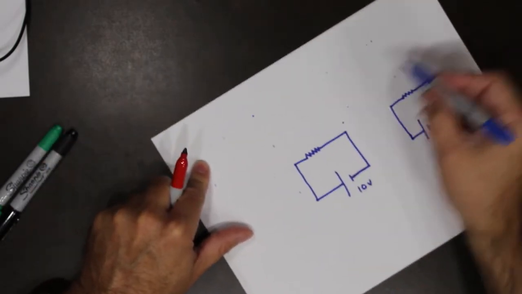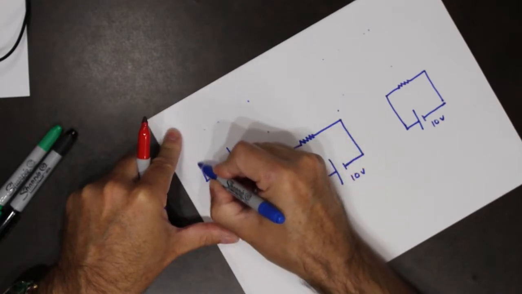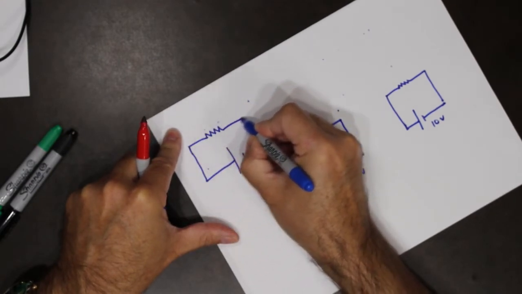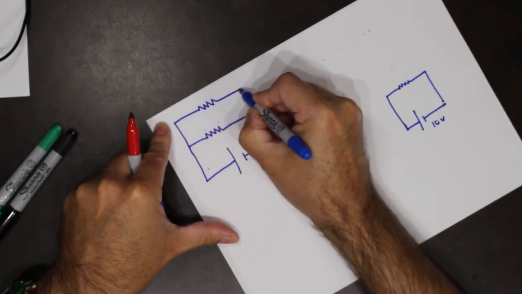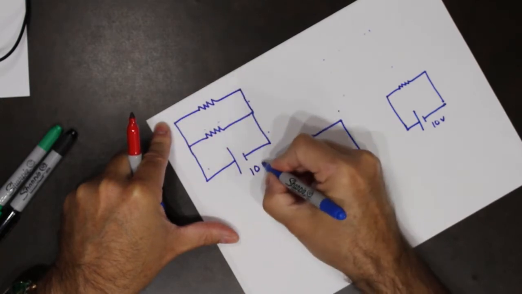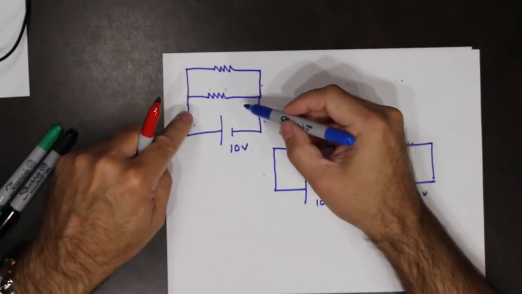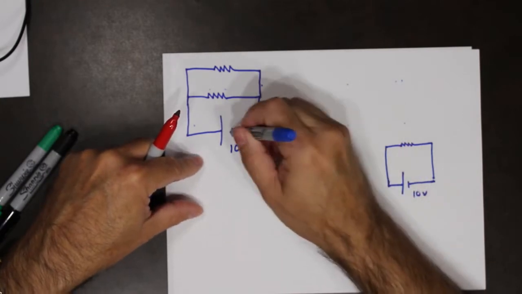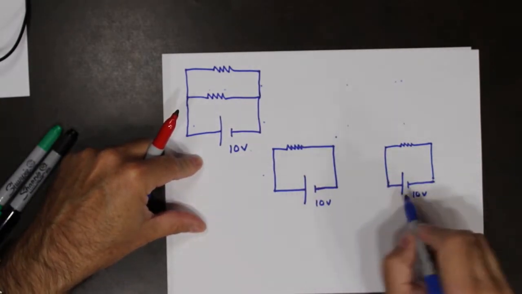So, in order for that to be in parallel, you need to do this. Now, both components get their voltage from the same place. Where here, it's different.